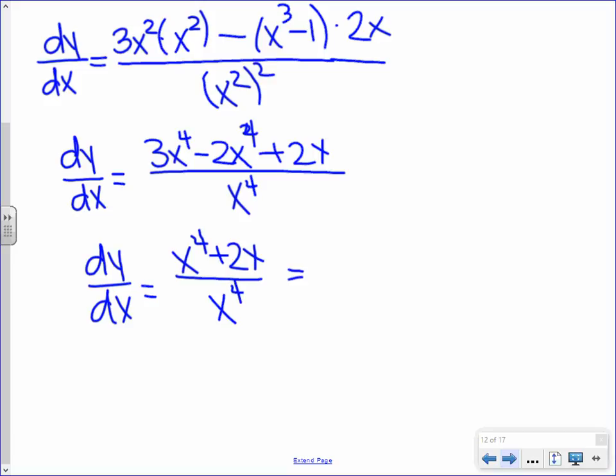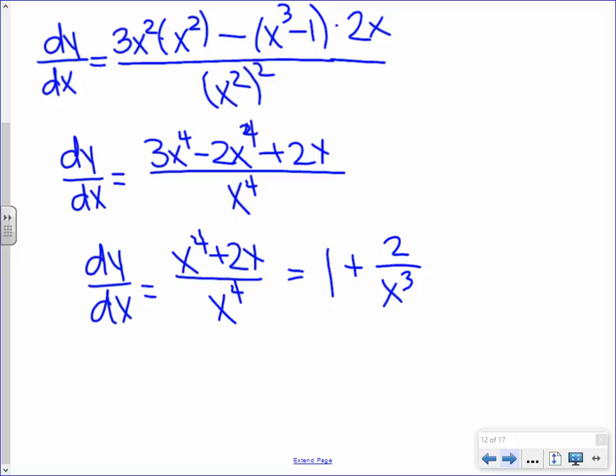Some of us might get crazy and say x to the 4th over x to the 4th is 1 plus 2x over x to the 4th is 2 over x cubed. It looks similar to what we started with, but it's not the same. If we start with a quotient, our quotient rule is going to give us a quotient.